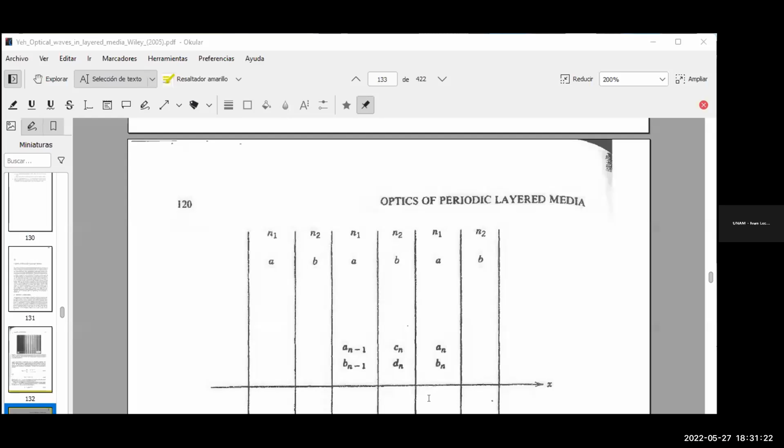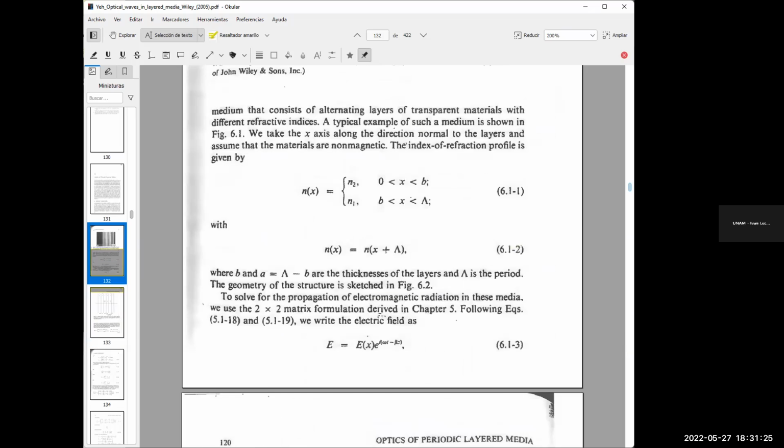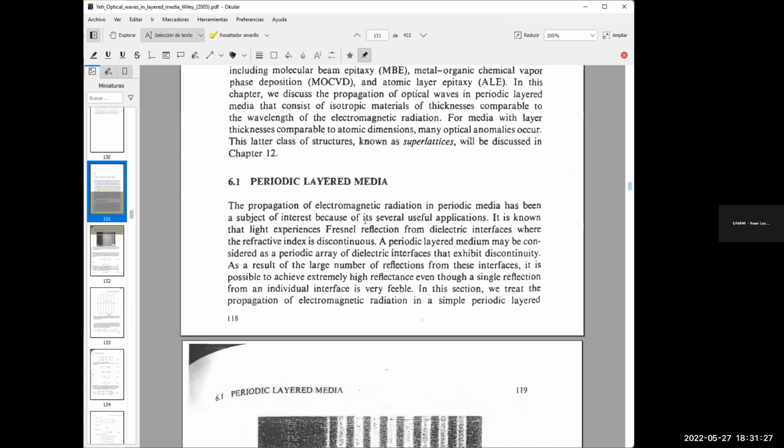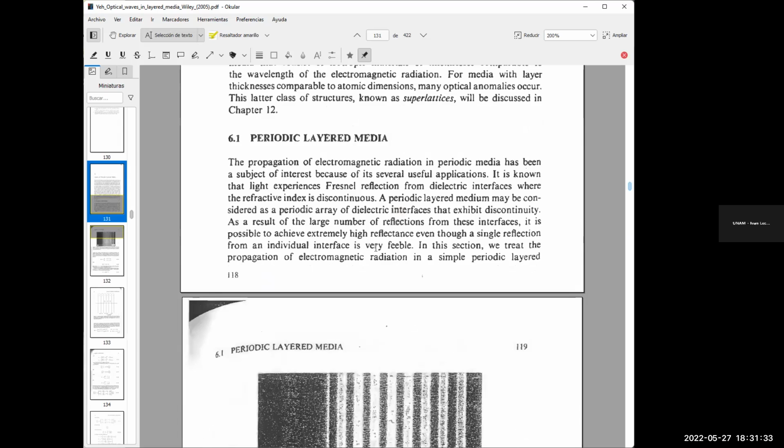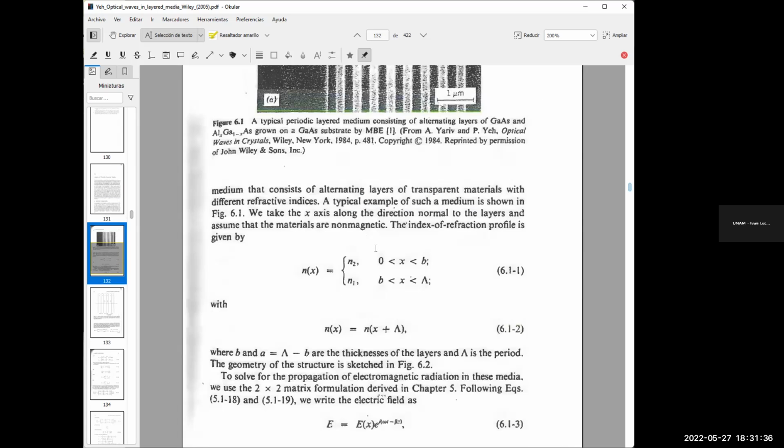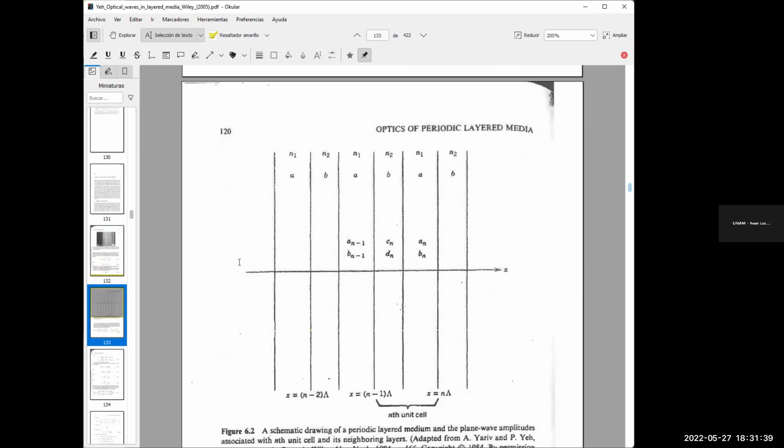So this is the optics, and this is a periodic layered media. The one I showed you is not periodic, but is layered, and the physics is almost the same. So here we have the light traveling in the X direction, and we have a finite number of layers, each one characterized by a refractive index that could be complex.